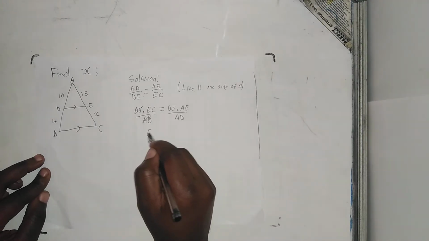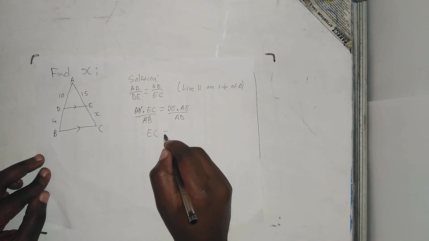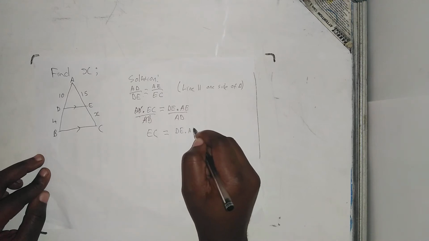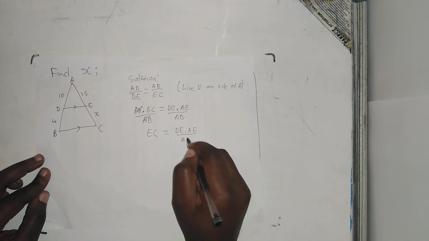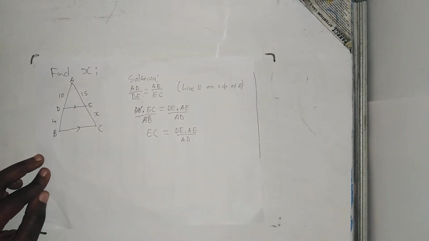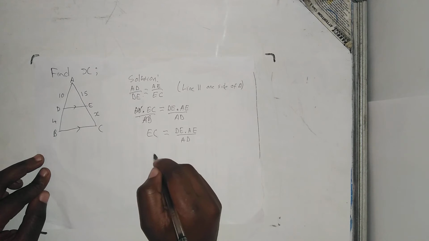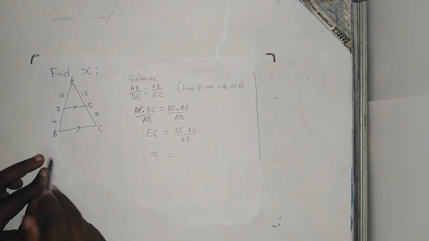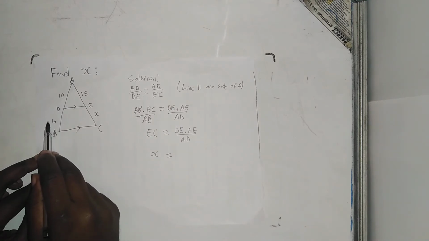You're going to remain with EC, which is equal to DE multiplied by AE divided by AD. All right. Now you know EC is x, the one that you are looking for, equal to what is DE? Is it DE?